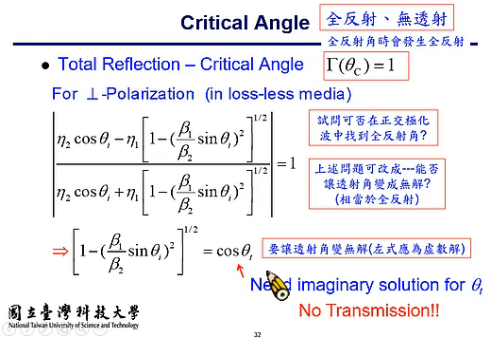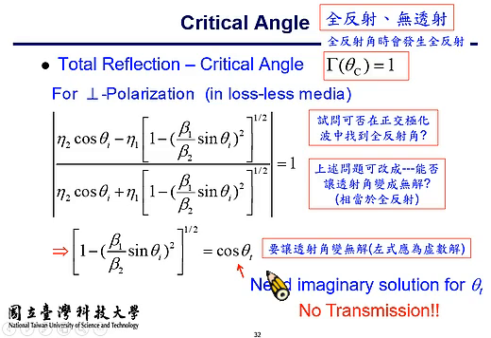What is total reflection? Total reflection means the transmission angle theta t is 90 degrees or greater. So cosine theta t needs to be a value greater than 1 or smaller than 0.